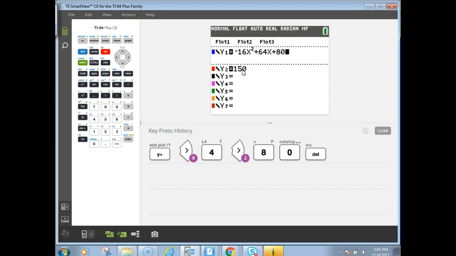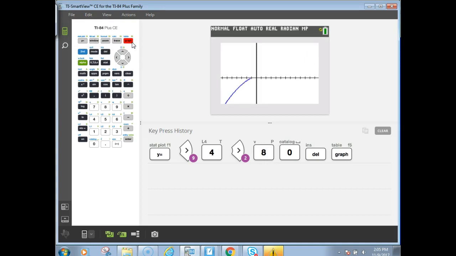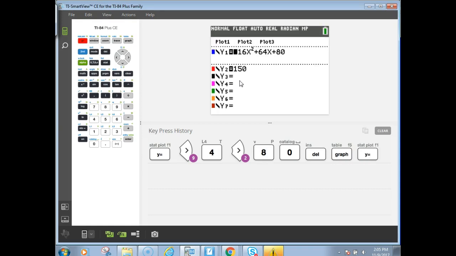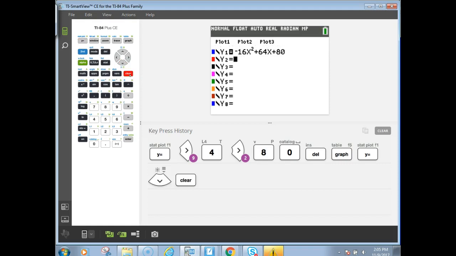Okay, and then I'm going to get rid of this. I want to go to my line 2. See what happens here. Oh, I have a window that's set differently than yours. And I also want to get rid of the line 2. So I'll have to do this properly, clear.